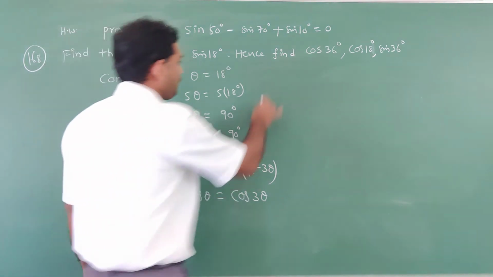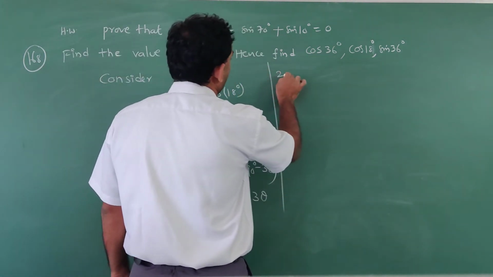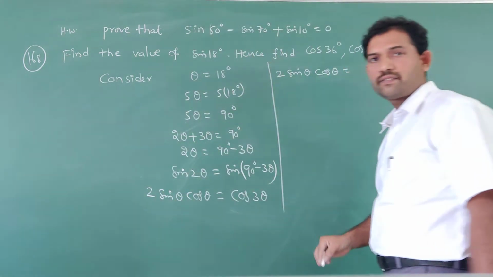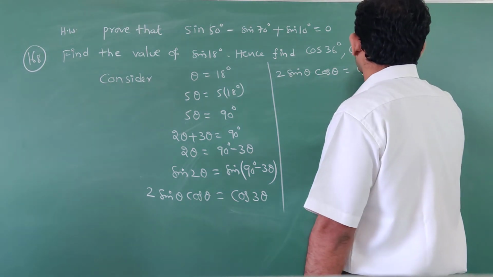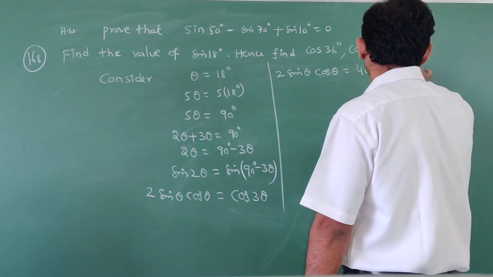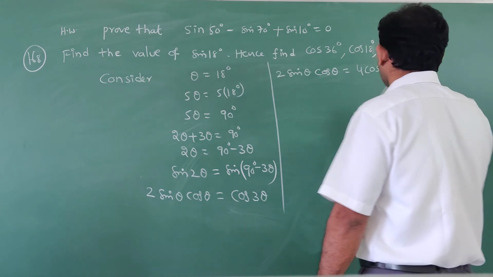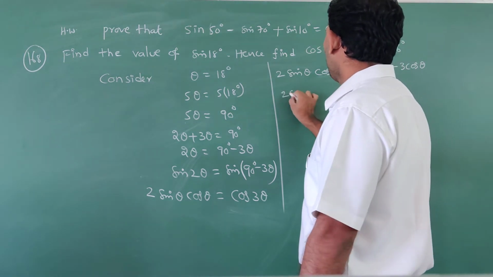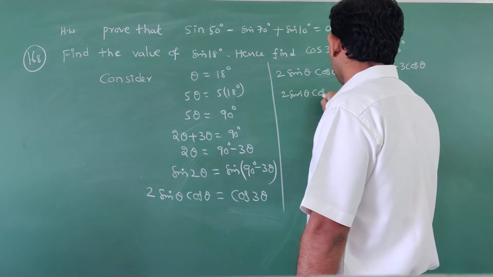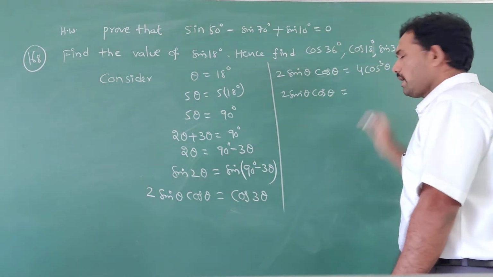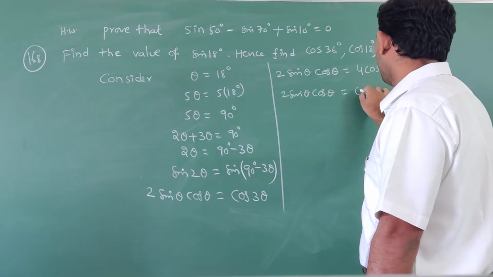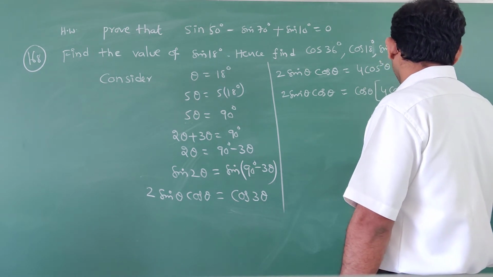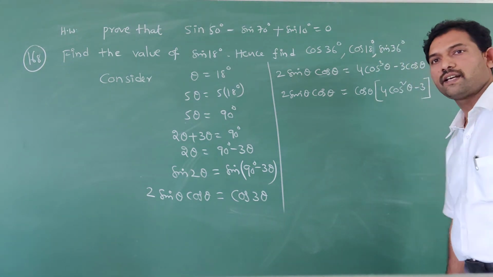Now simplification: 2 sin theta cos theta equals the cos 3 theta formula, 4 cos cube theta minus 3 cos theta. Cos theta is common in the right side: cos theta times (4 cos square theta minus 3). Cos theta cancels on both sides. So 2 sin theta equals 4 cos square theta minus 3.